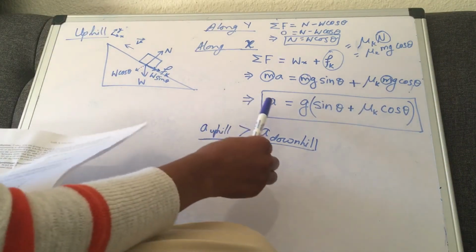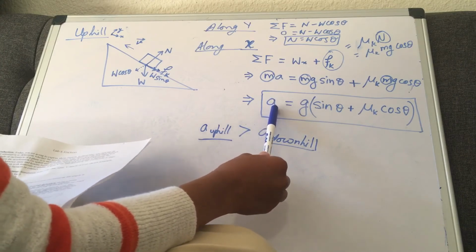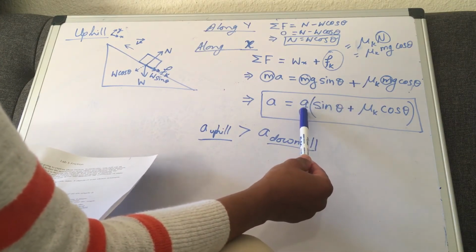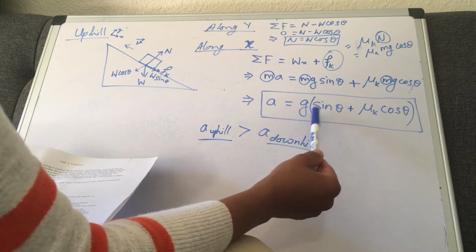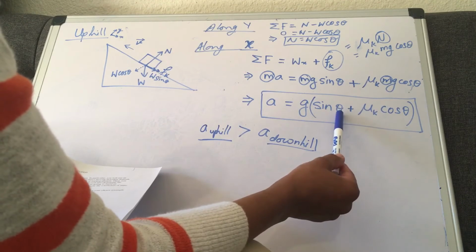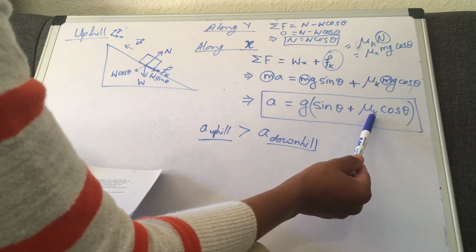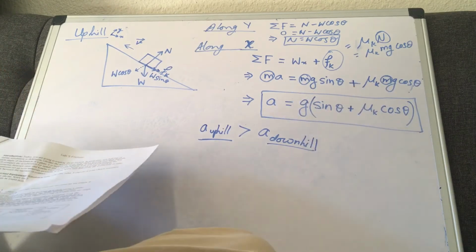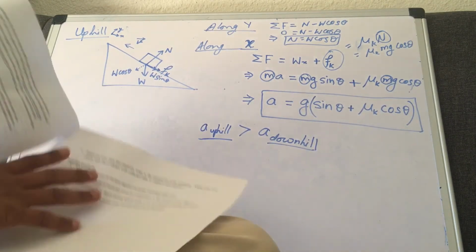So the theoretical calculation of acceleration has to come from here. You will have everything from the simulation. g is 9.8 meters per second squared, and theta is your choice, whatever value you want to choose. Mu k is also given in the simulation, and theta is again your choice. So you should be able to get those values there. All right.